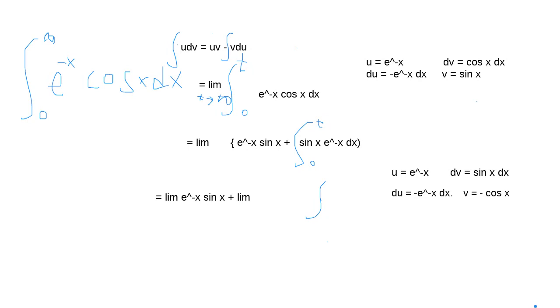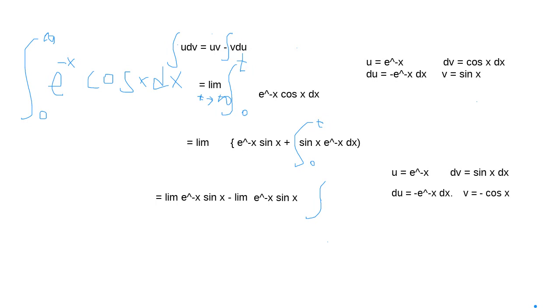My new u is still e to the negative x, and my v is negative cosine x. So I put the negative sign there, and cosine x. That's my new uv.